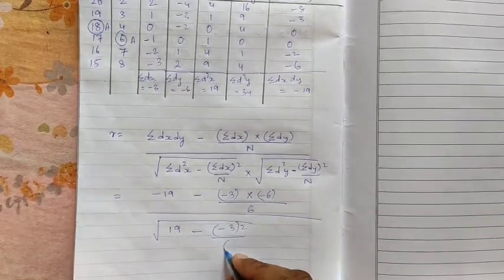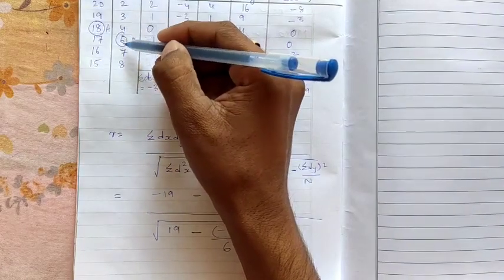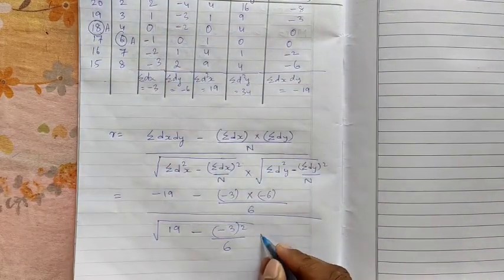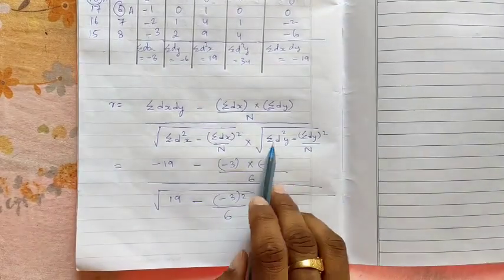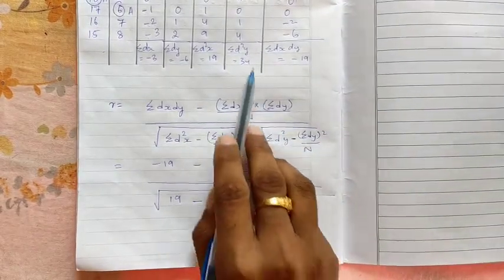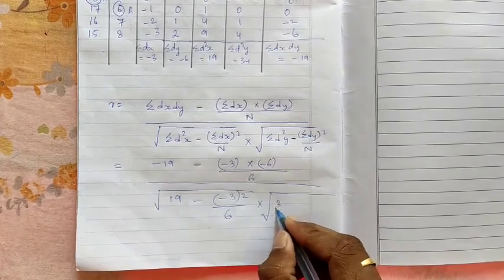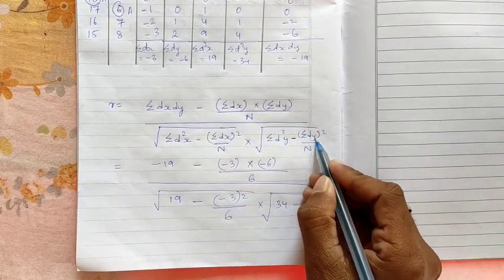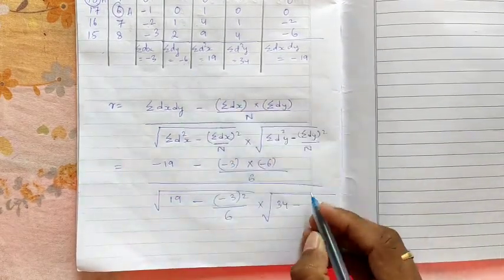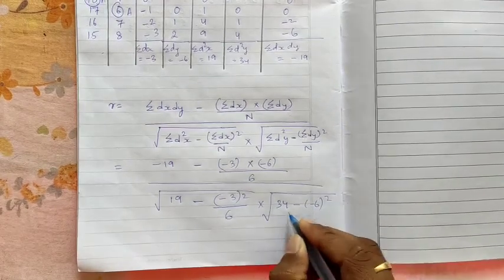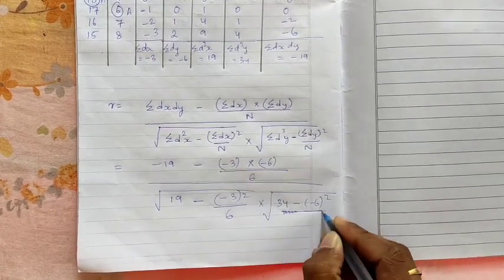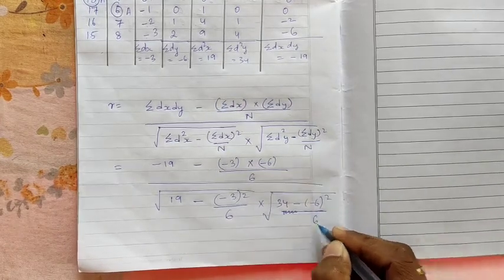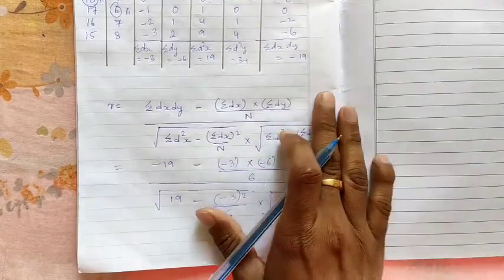N is 6. Clear? Multiplied by under root summation d square y, which was 34. So 34 minus summation dy the whole square. Minus 6 the whole square divided by n, that is 6. Clear? Now I have to solve this.